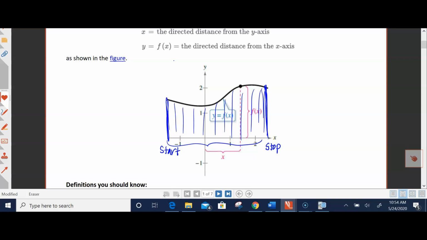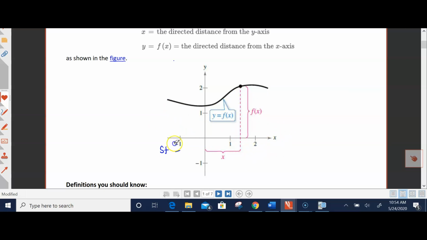If I were to look at the range values, well, that's what happens on the y-axis. So I would look at my y-axis here and see where is the topmost value. So my y values start here, and you notice the bottommost y value would be there. So this is my range.